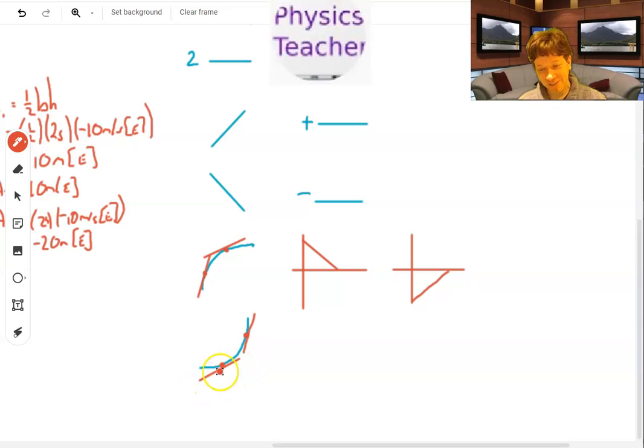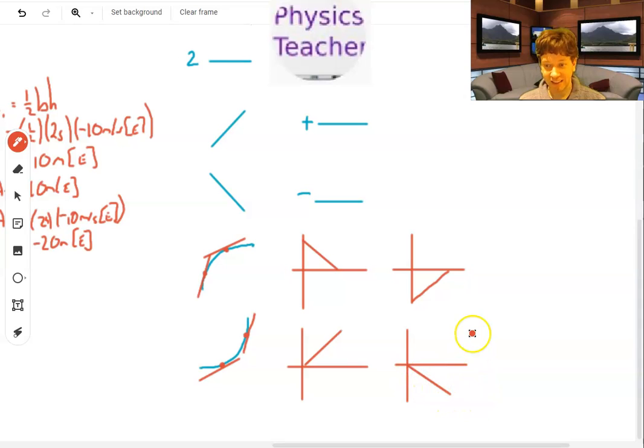Here you have a low slope and then a high slope. So if we were to draw this on our VT graph for an increasing slope, the velocity must be increasing. And it all depends on what direction you're moving in. If you're moving in the positive direction, you're increasing like that. But if you're moving in the negative direction, you would be increasing like that.